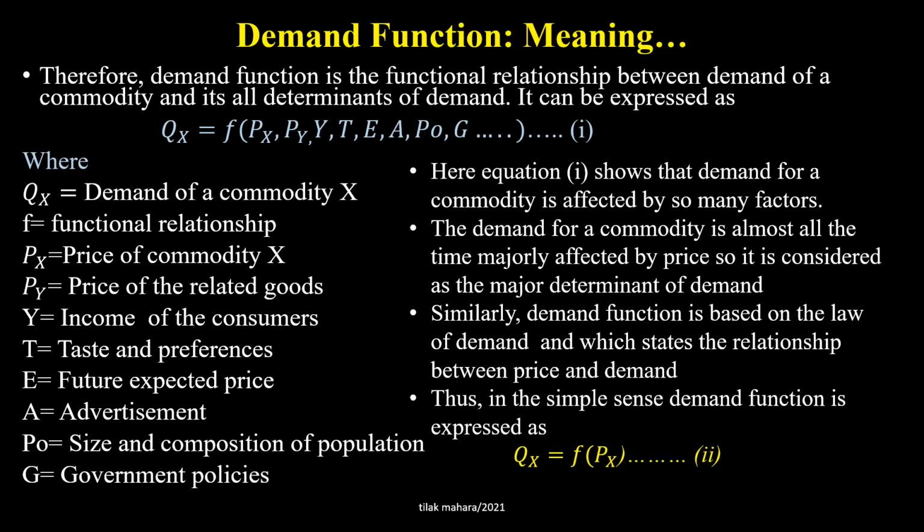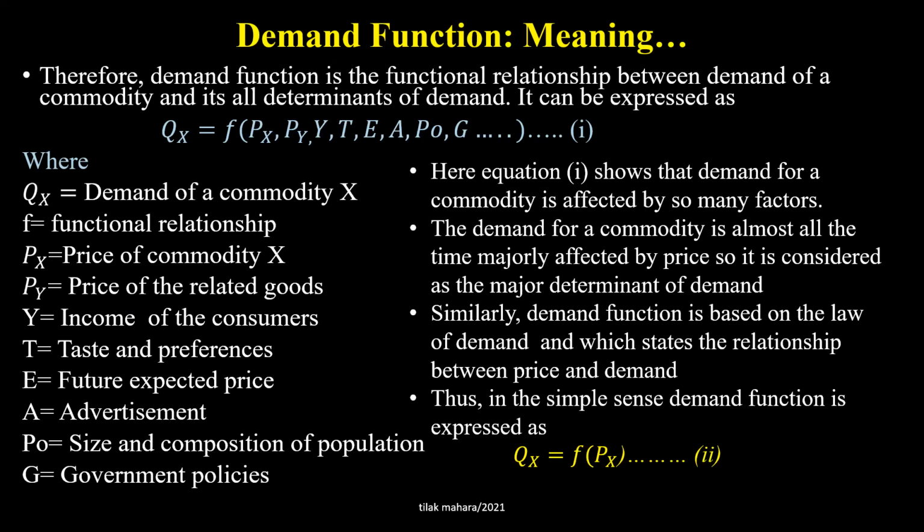In equation 1, we can see that demand for a commodity is affected by so many factors that we already discussed. And among these different determinants of demand, price of the commodity is considered as the major determining factor. So it is considered as the most significant factor affecting demand, and demand function is also based on law of demand.